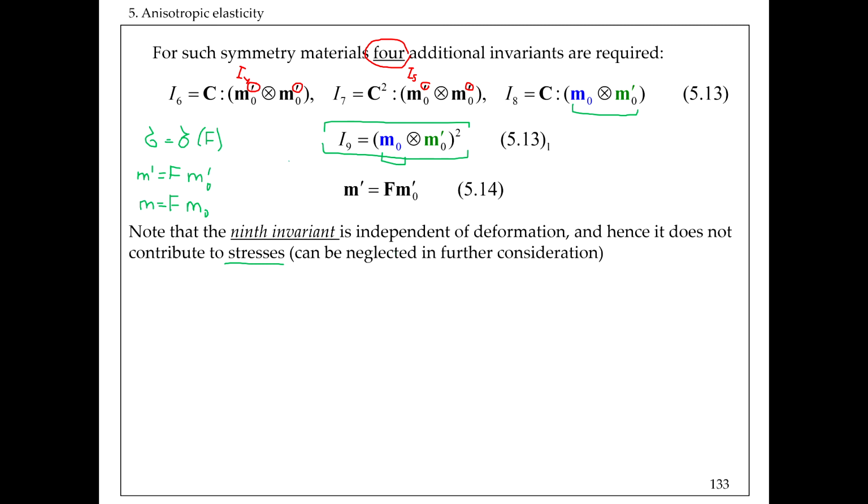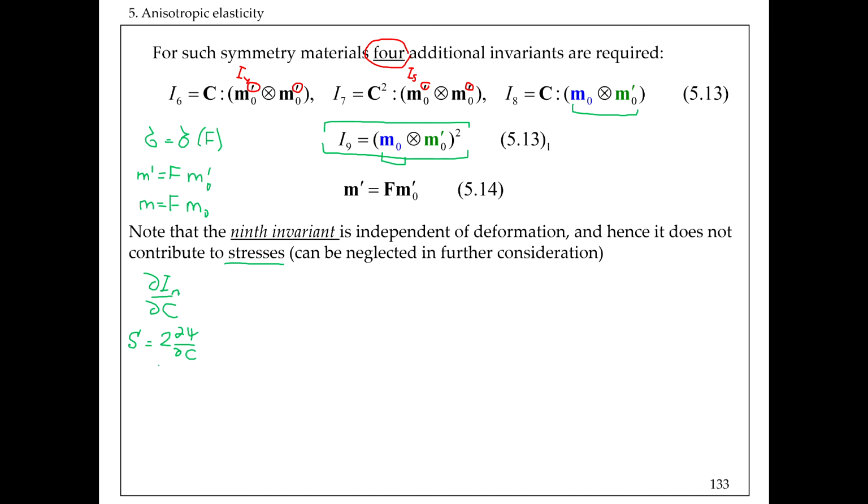Now, for us it is also very convenient to derive the derivative of any of these invariants with respect to tensor C, because then we can directly calculate the stresses by just using our formula like this, and then using the chain rule.